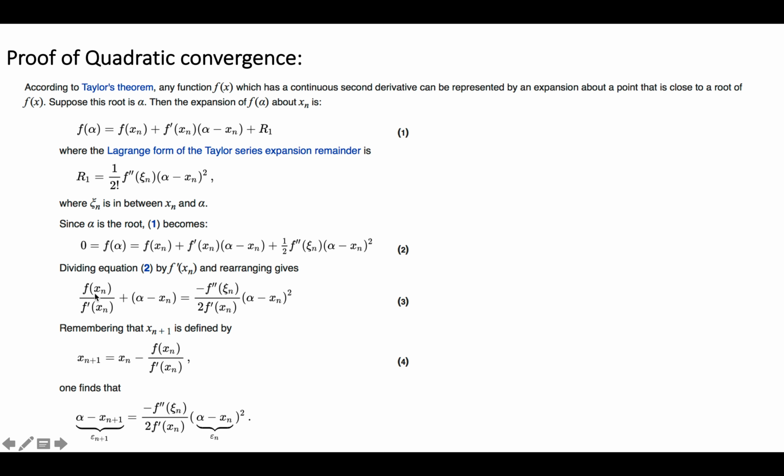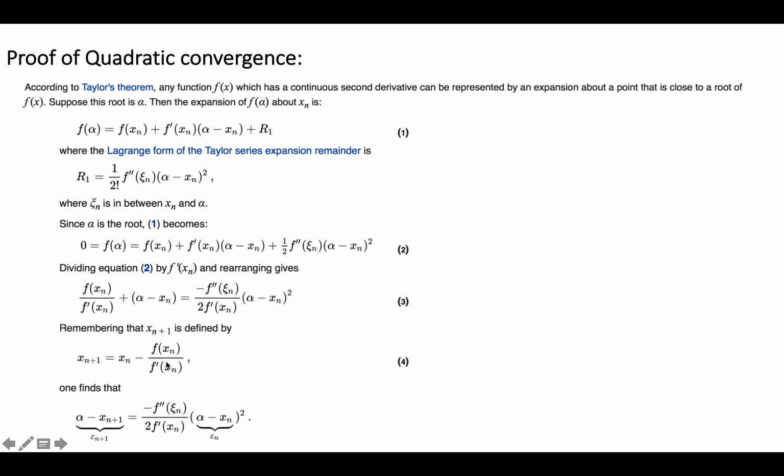We get the equation f(xn) divided by f prime(xn) plus (alpha minus xn) is equal to minus f double prime(en) divided by twice f prime(xn), the whole multiplied by (alpha minus xn) squared. Now we also know that according to Newton's formula, xn plus 1 is equal to xn minus f(xn) divided by f prime(xn).